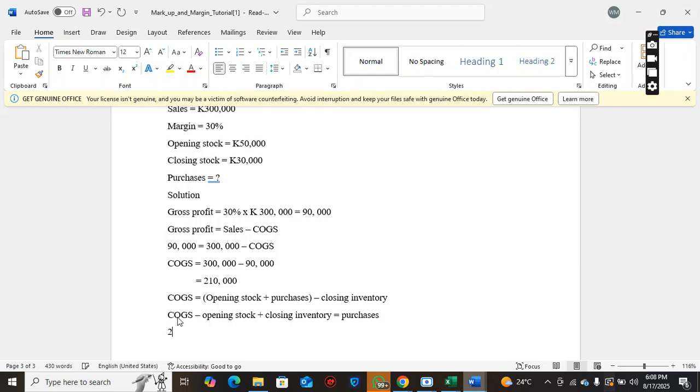So cost of goods sold 210,000 minus opening stock 50,000 plus closing stock 30,000.